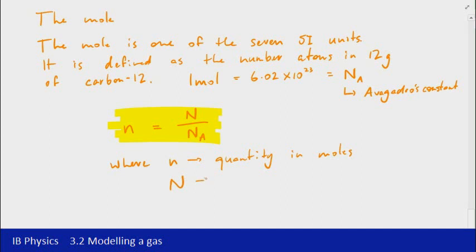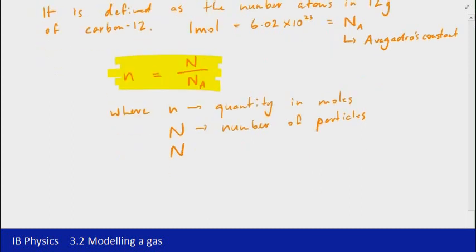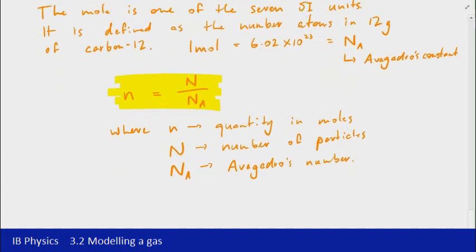Capital N is the number of particles, and finally N with subscript A is Avogadro's number. Now you'll see in the data booklet that Avogadro's number is actually stated as 6.02 by 10 to the 23 per mole.